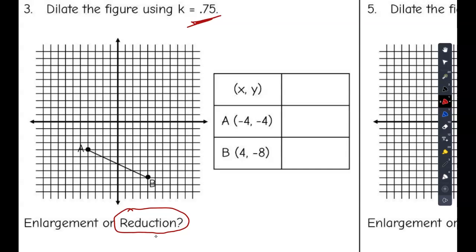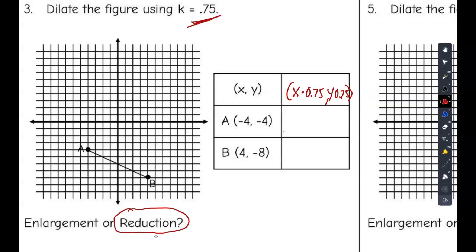Now we're going to take that scale factor and multiply by all of these numbers here and get our new points. I'm going to write out what we had in the previous one: x times 0.75, and y times 0.75.